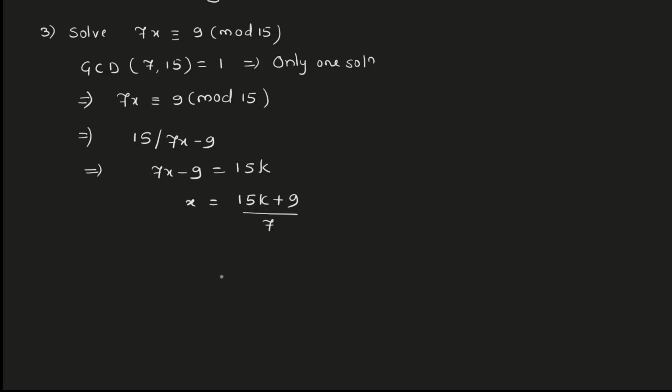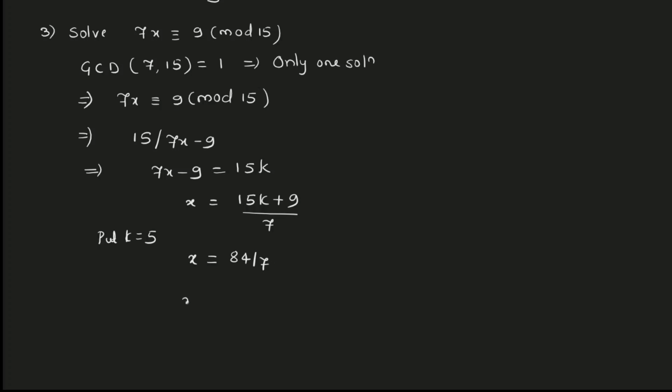When we put k as 5, you will get 84 by 7.